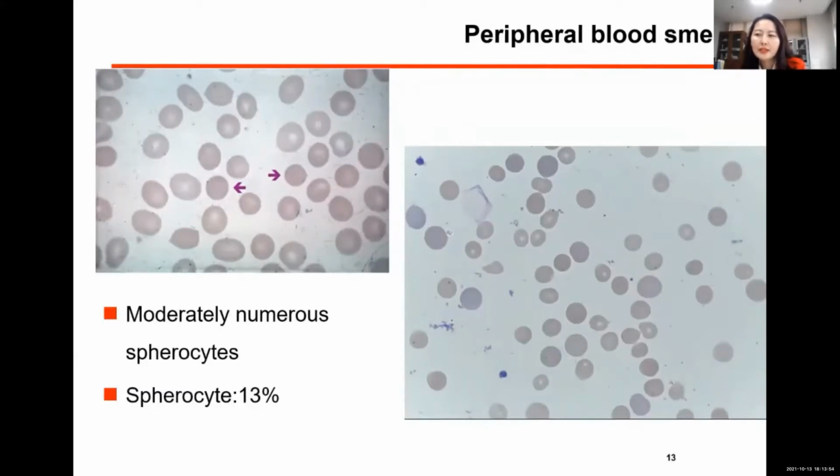This spherocyte, unlike the normal red blood cell, has no central pallor. Their diameter is less than a normal red blood cell, so the spherocyte may appear smaller than a discocyte.